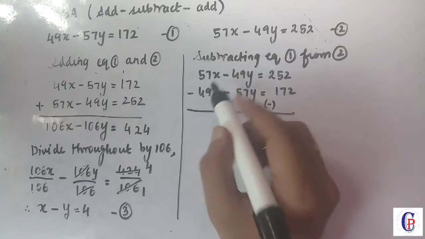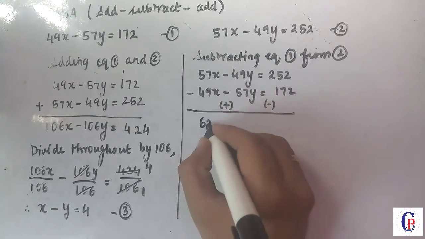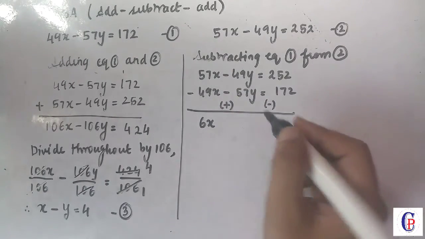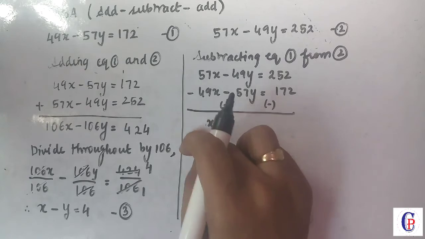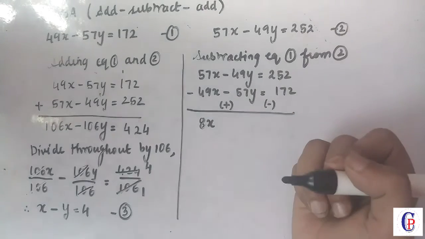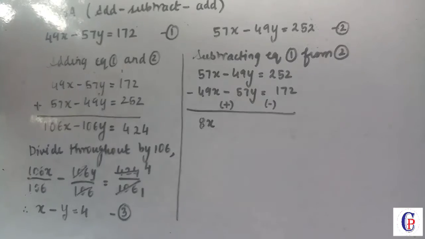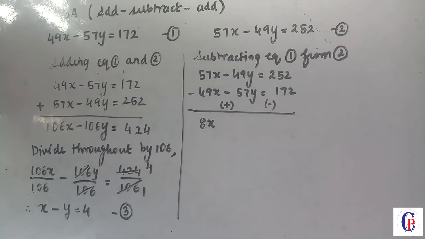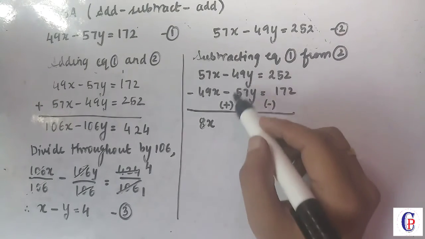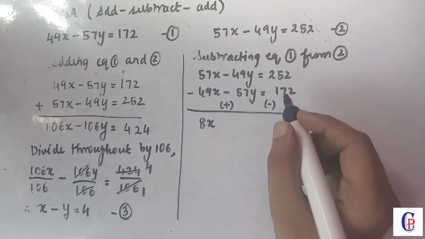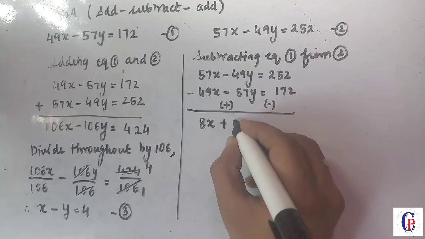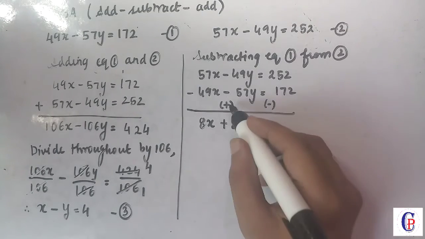Now 57 minus 49 is 6. Sorry, not 6, it is 8. 57 minus 49 is 8. Then minus 49 plus 57 is again plus 8, sign of the greater number.